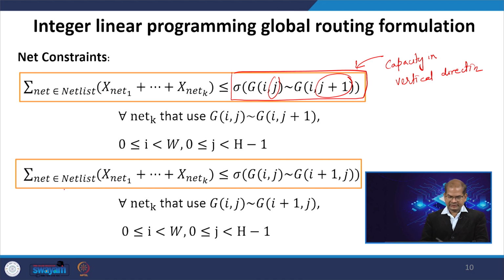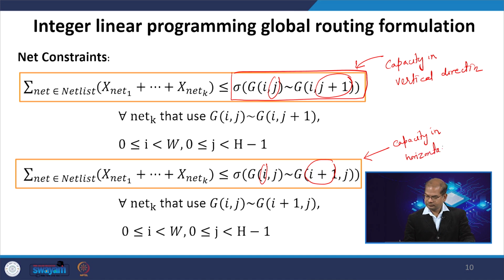Similarly, here it is saying the net constraint in the horizontal direction, because I is changing from I to I+1. So this is for the capacity in the horizontal direction. We need to satisfy those net constraints.